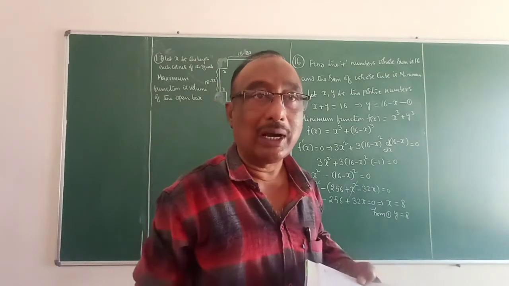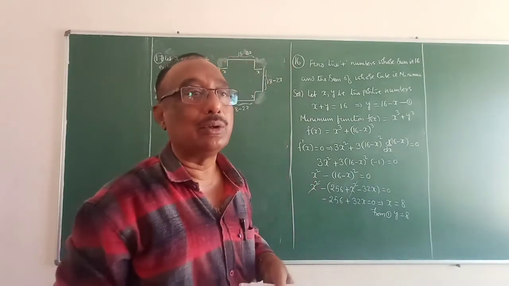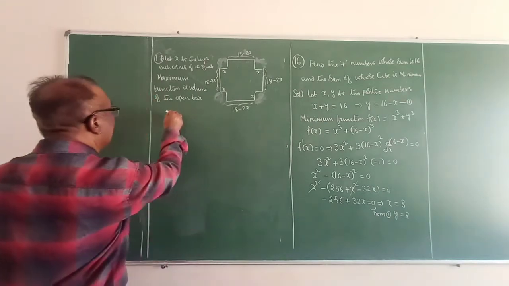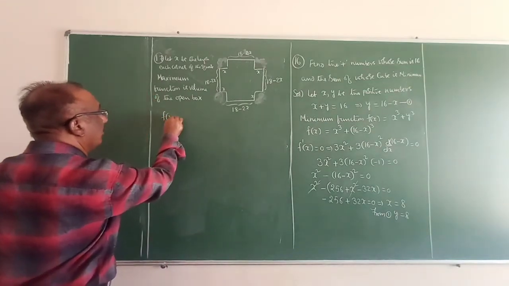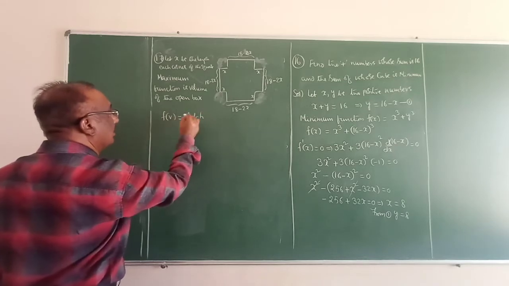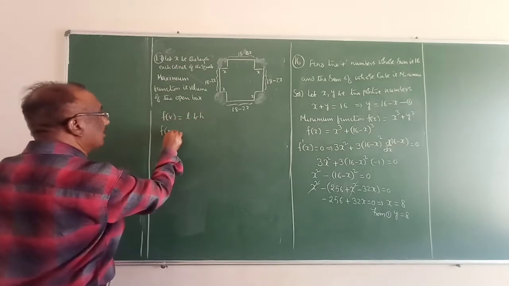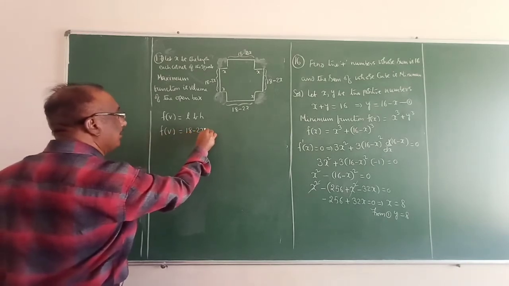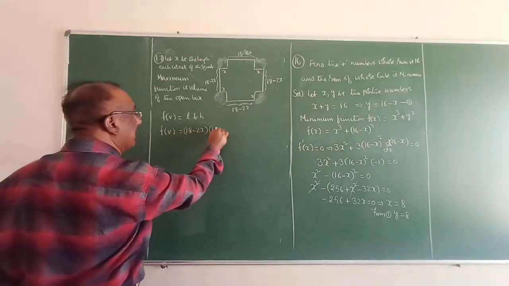What we are going to cut, each corner we cut. Therefore the volume, this is f of x. The volume formula is length into breadth into height. This is a square, so length is 18 minus 2x, breadth also 18 minus 2x.